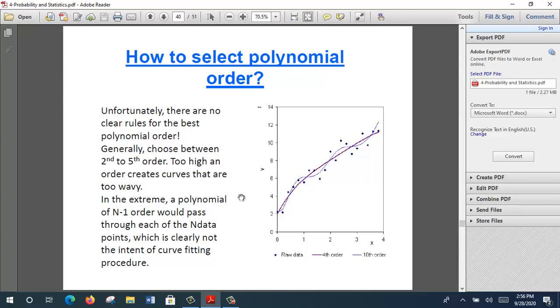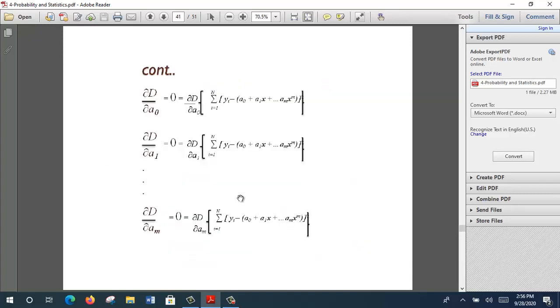We just continue. That is how you calculate the differentiation of the value of D. You must remember you need to reduce the variations of D of your regression data.